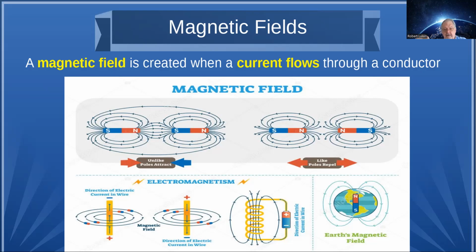And if you were to try to follow around that coil with the right-hand rule, you'd see that they add in the middle and not on the outside. So most of the electromagnetic field is going to be combined within that coil. The thing over there on the bottom right is just showing the Earth's magnetic field.